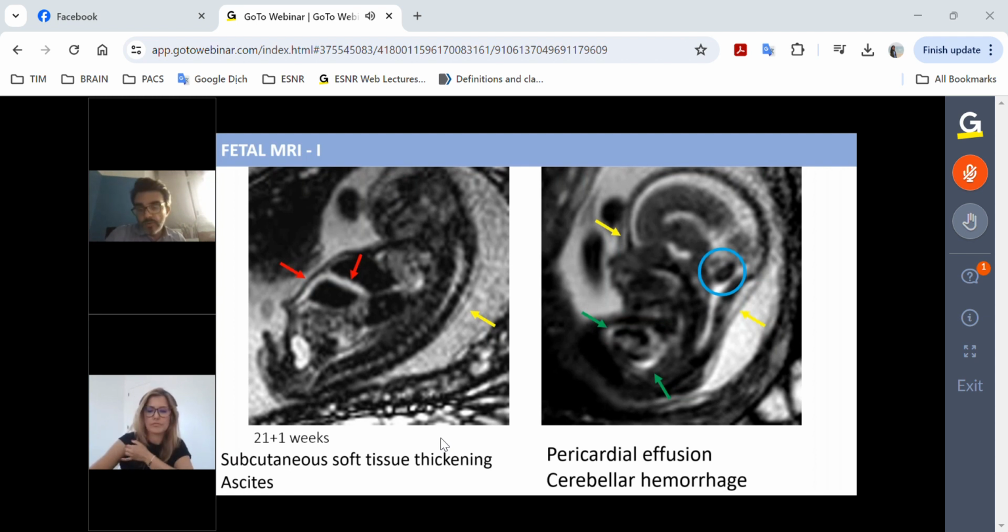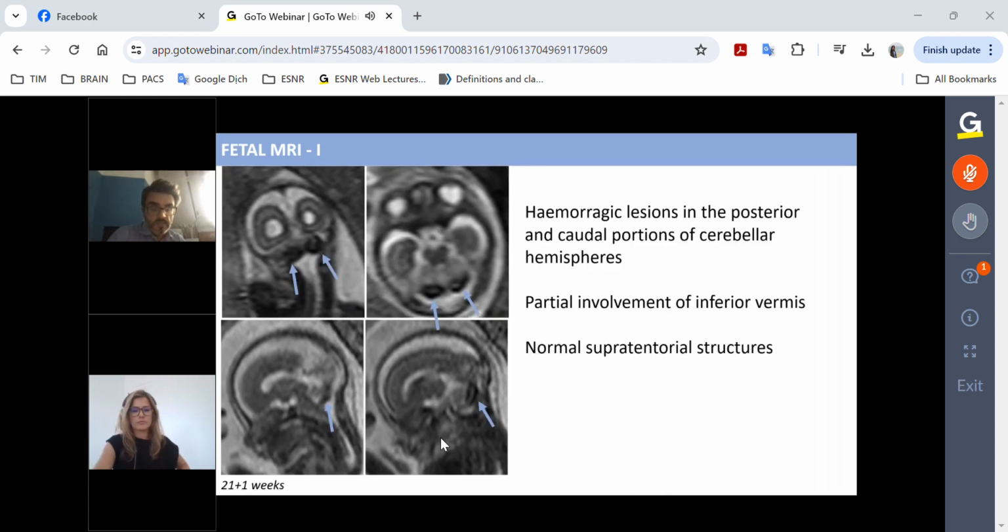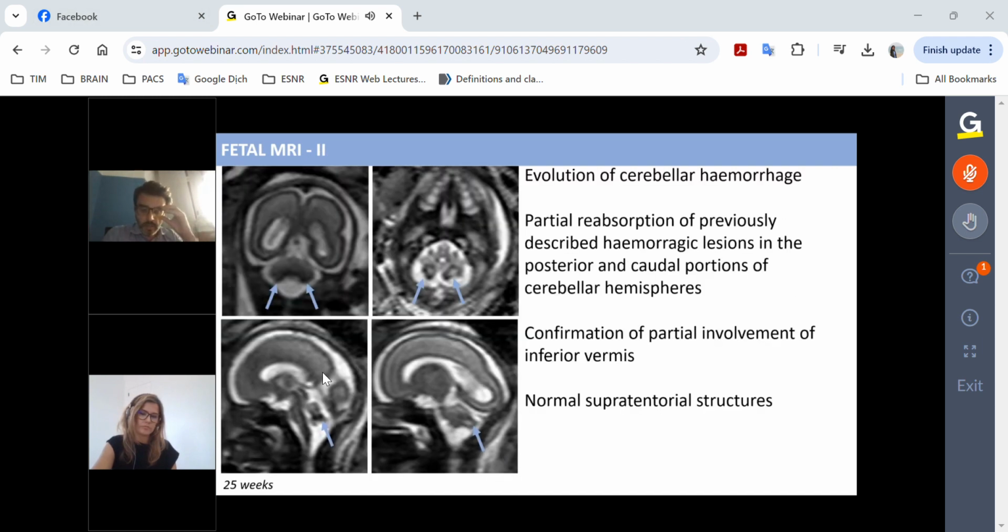But if we look at the brain, it also confirms some hemorrhage within the posterior fossa. You can see it better in this exam. This dark signal attached to the posterior and inferior part of the cerebellum is basically blood, while the supratentorial structures were normal. We decided to make a first follow-up exam at 25 weeks of gestation, and you can see that there is a partial reabsorption of the hemorrhages.